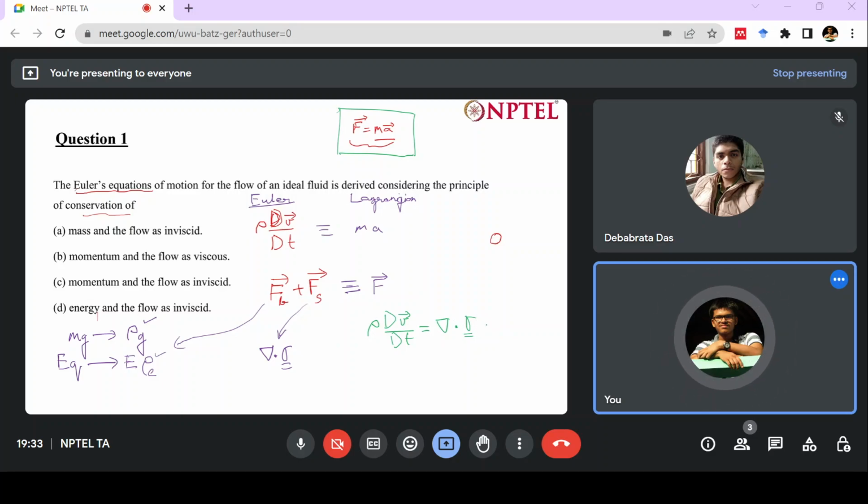This is the surface force part, and this is my body force part. g is also a vector, so I'm putting the vector sign. Is this clear?